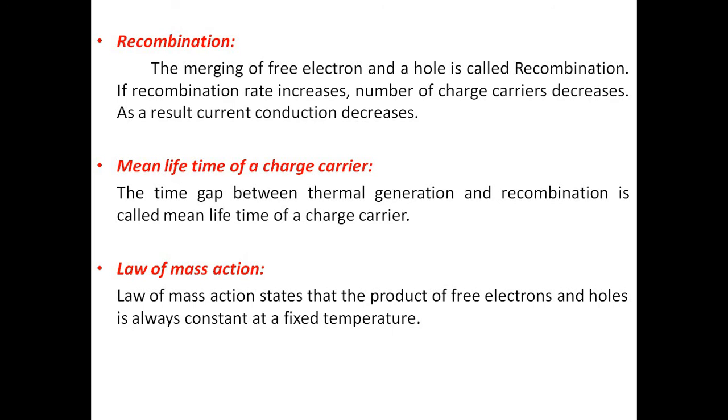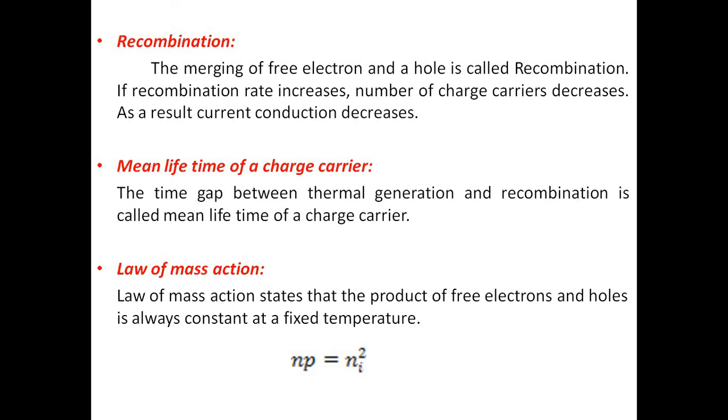If the temperature is fixed, the number of holes and the number of electrons that are going to be generated is always a constant. That's what the definition indicates: the product of free electrons and holes is always constant at a fixed temperature. That can be indicated with np = ni².